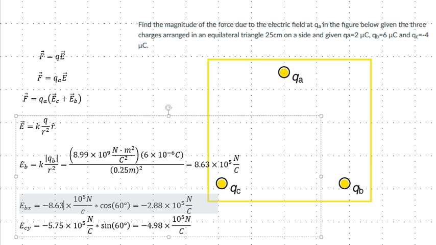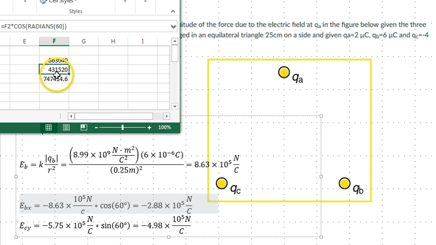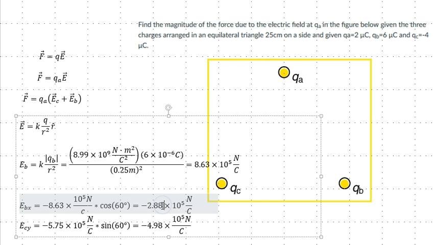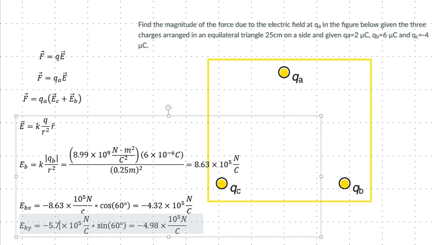Fortunately, Excel has already calculated for us: 4.32 is the number here, and it's still negative. I accidentally took out the negative sign. Now in y, not only did the 5.75 change to 8.63, but it's now positive.